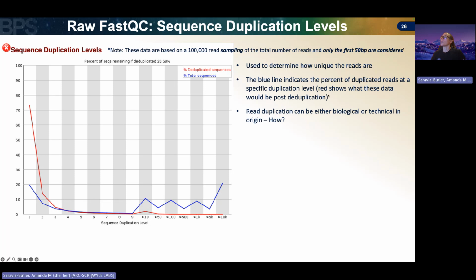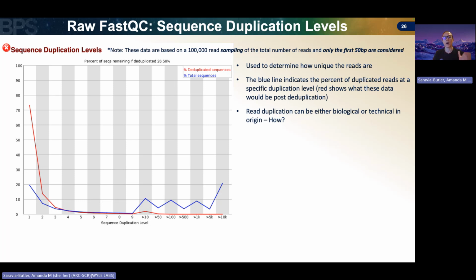And the red line shows what these data would be if you were to deduplicate, or remove duplicates from, your data. As a reminder, duplication can be either biological or technical in origin. Biological is, of course, if you have a gene, for instance, that's highly expressed, there will be multiple copies of the transcript for that gene in your sample.